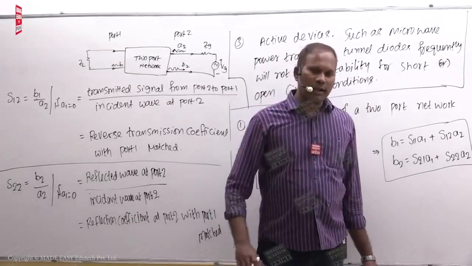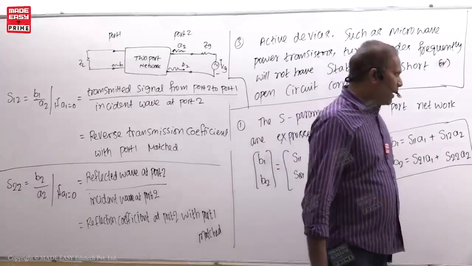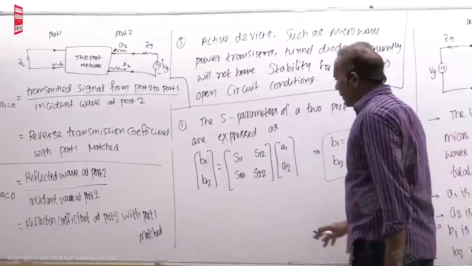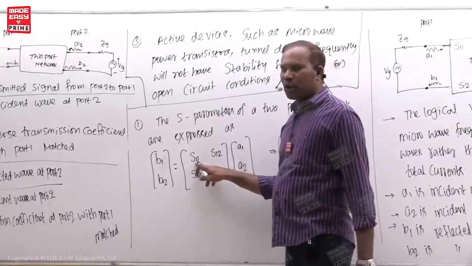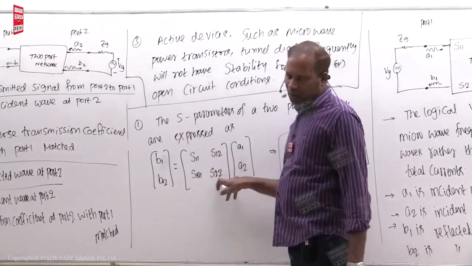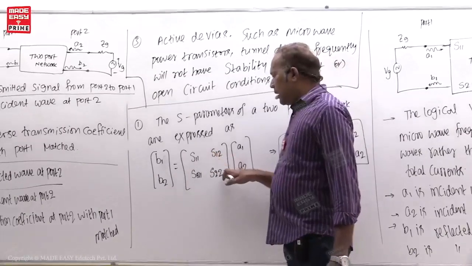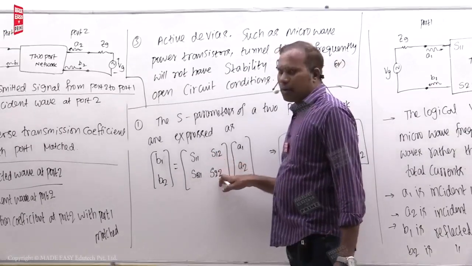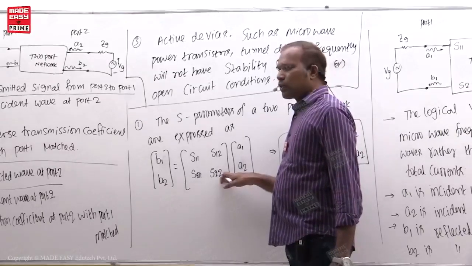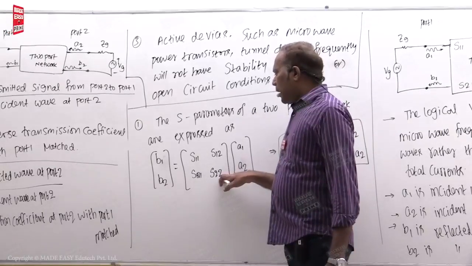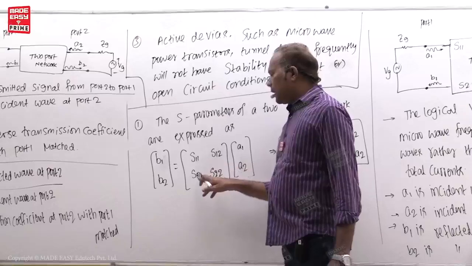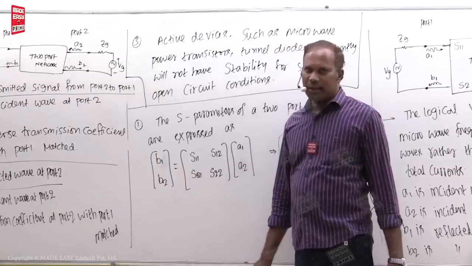Then one more point. For example, here S11 is reflection coefficient at port 1, S22 is reflection coefficient at port 2. So diagonal elements in the S matrix are reflection coefficients, and other than diagonal elements, they are simply transmission coefficients.